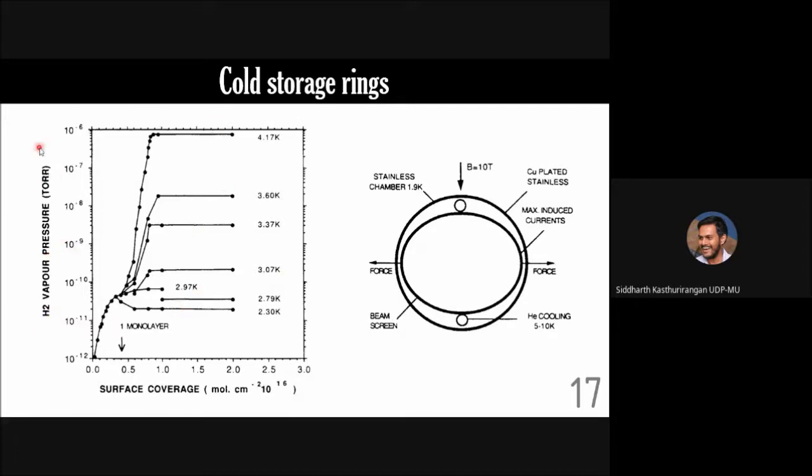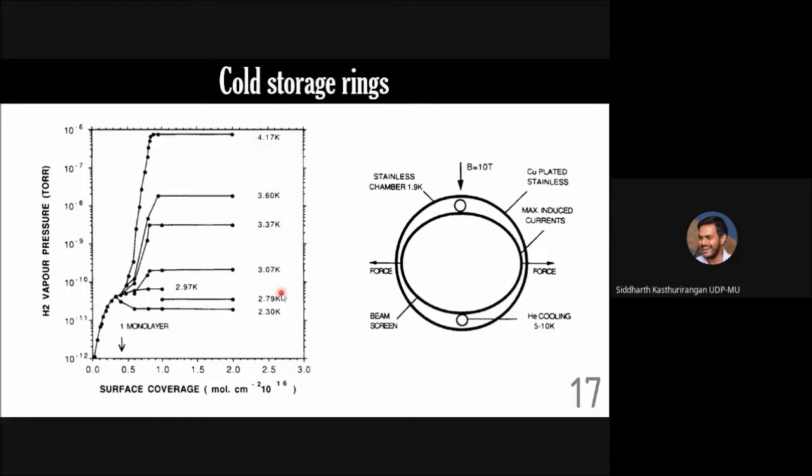At different temperatures, the vapor pressure is different. But once you come to very low temperatures, the vapor pressure is very small, and this fall is very drastic. At 4 Kelvin, the vapor pressure is 10 power minus 6 torr. On the other hand, when you come down to 3 Kelvin, it is 10 power minus 9 torr. It's a drastic reduction in vapor pressure as you come down in temperature, very close to absolute zero.